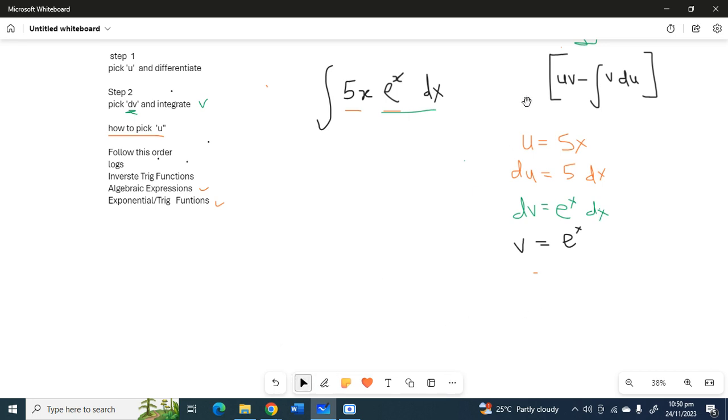So the next thing, which I would say is step 3, is to substitute everything into this formula here. Let me write it down here. So we say u v minus the integral of v du.